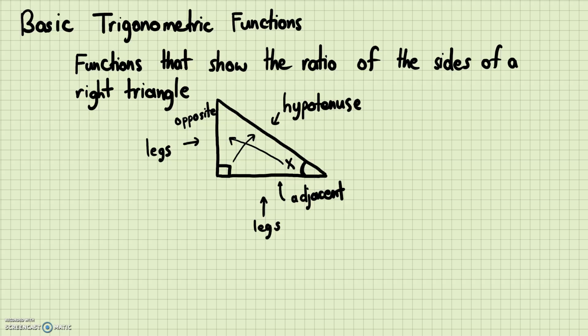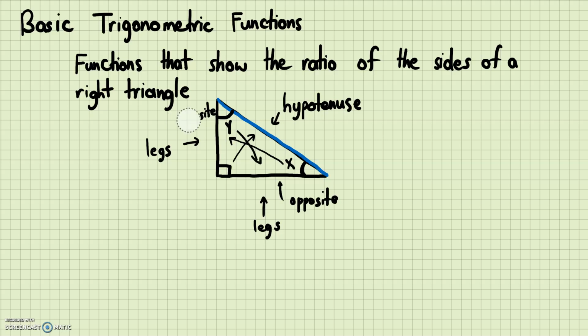The hypotenuse stays the same. This is always going to be the hypotenuse, but the opposite and adjacent sides are going to change when the angle changes. For example, if I'm looking at angle Y, not angle X, then this becomes the opposite side because it is on the other side from that angle.